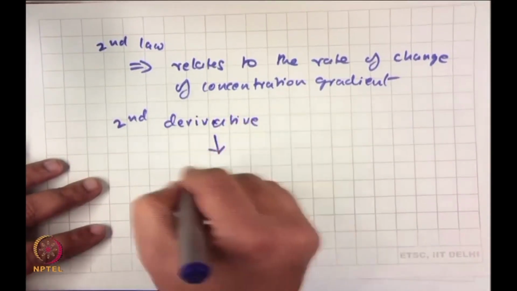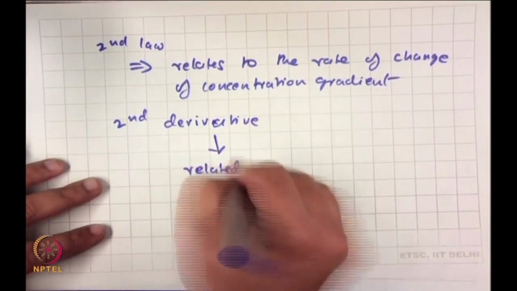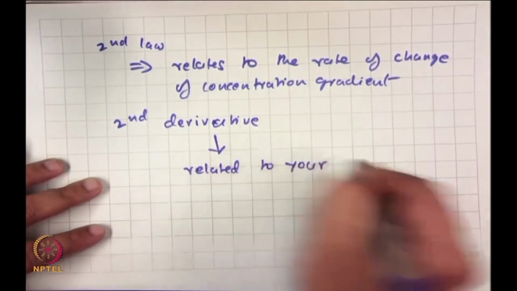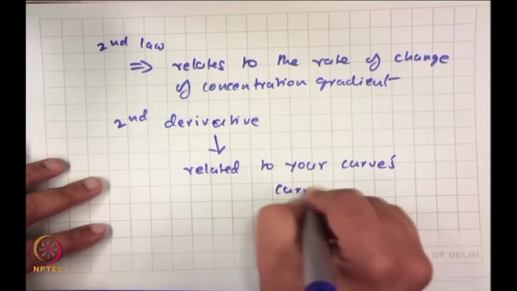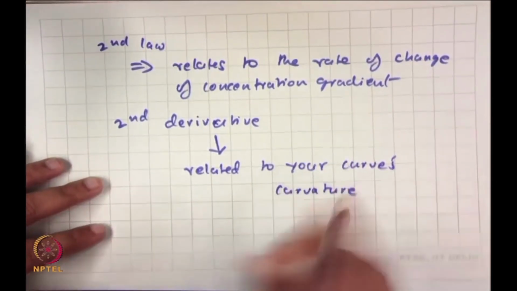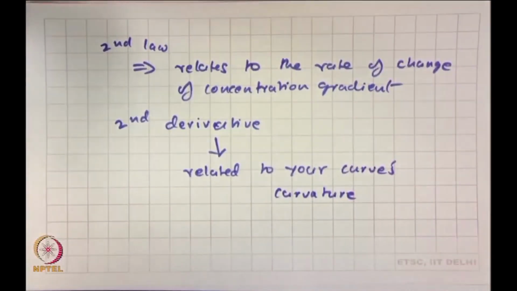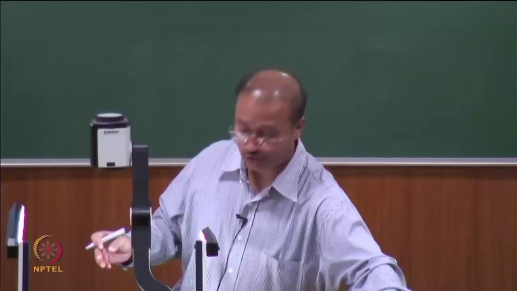Okay. So, again, if we try to understand it schematically, as I said, the second derivative is related to your curve's curvature. Keeping that in mind, let us look at three different situations, because it is related to your curve's curvature.